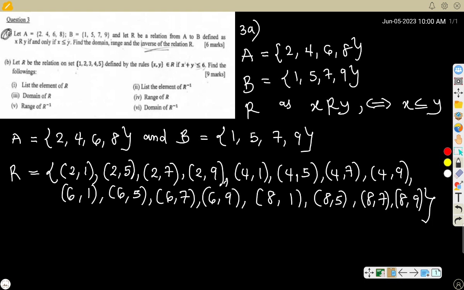But in the question, we have that if and only if. So that symbol is for if and only if x is less than or equal to y.